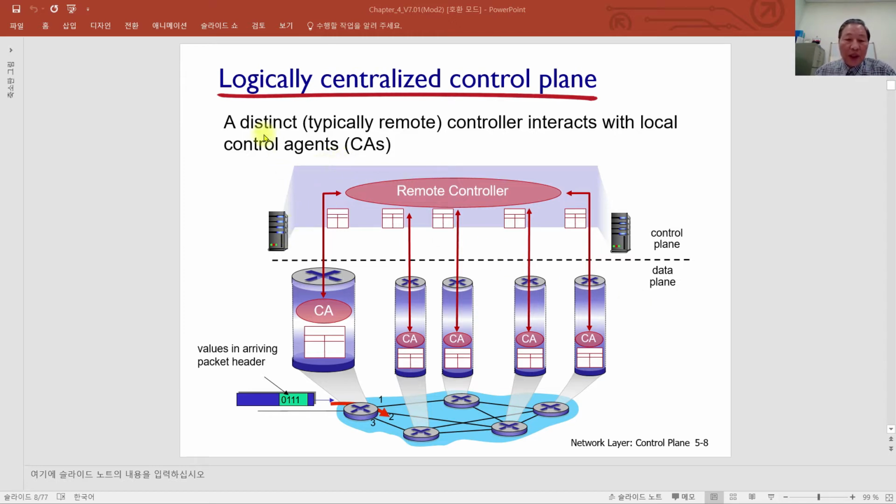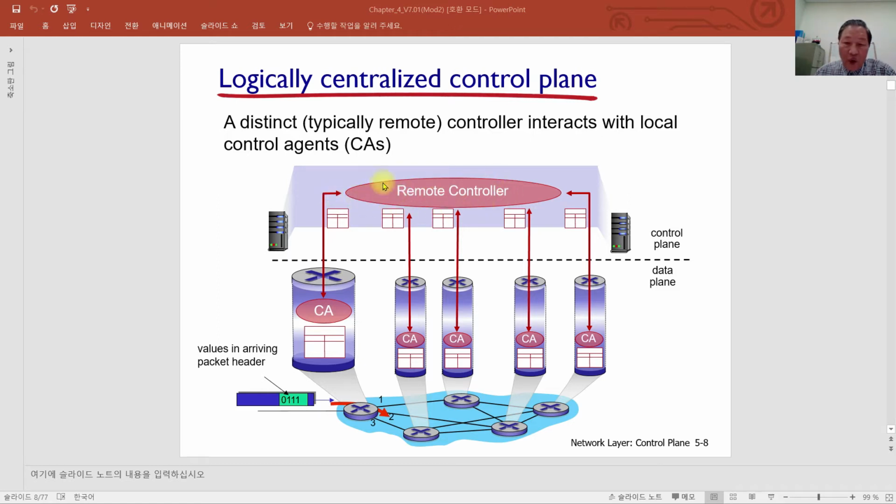Okay, this one is logically centralized control plane. This one is control plane. A distinct, typically remote controller interacts with the local control agent. This one is interacting. That is different from the previous one.